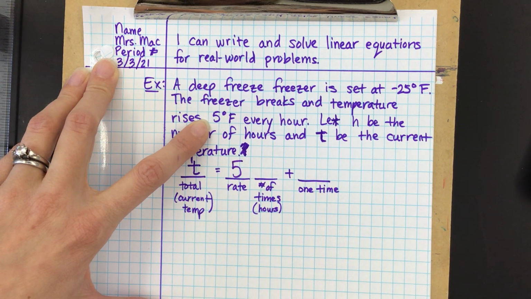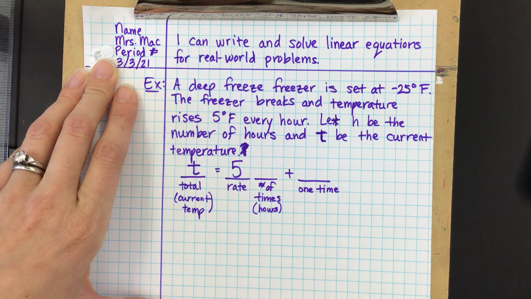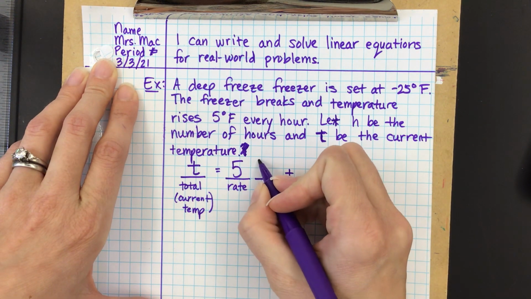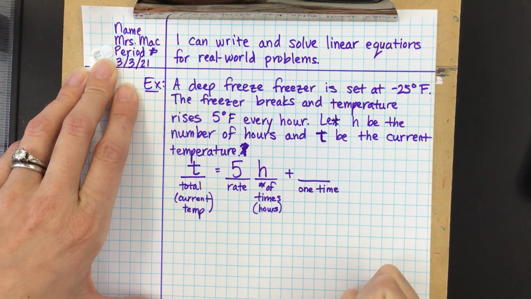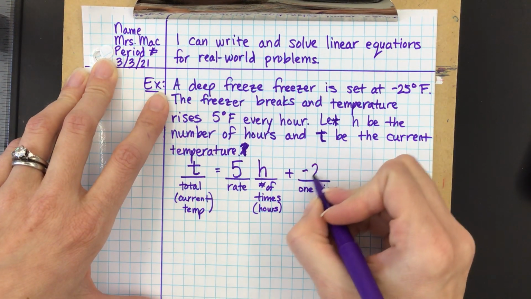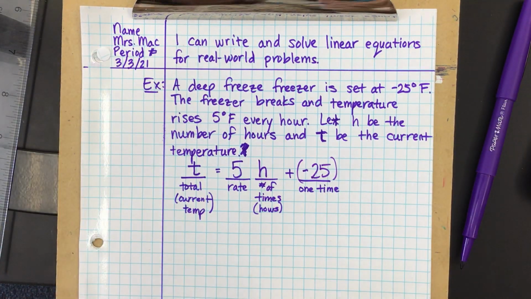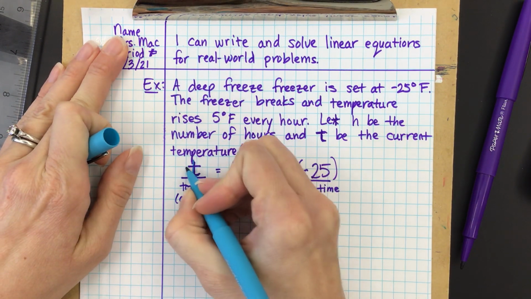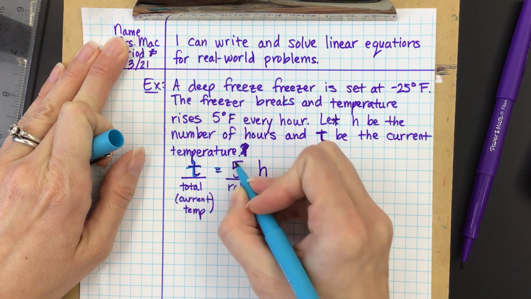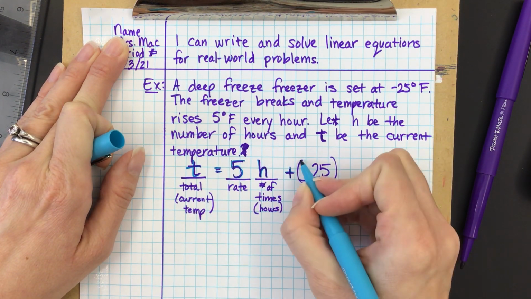Then it says the number of times, or in this case, the number of hours. Well, we don't know the number of hours, so we're just going to put H here. And then what was the starting temperature? It was negative 25 degrees Fahrenheit. I'm going to make it pop out a little bit by putting a little bit of blue over it so you can see.